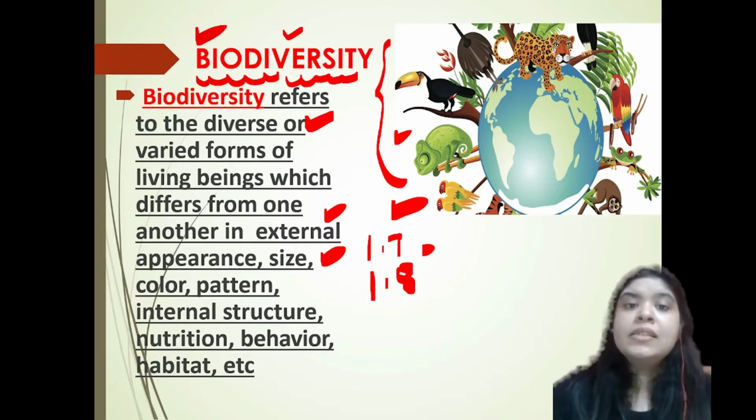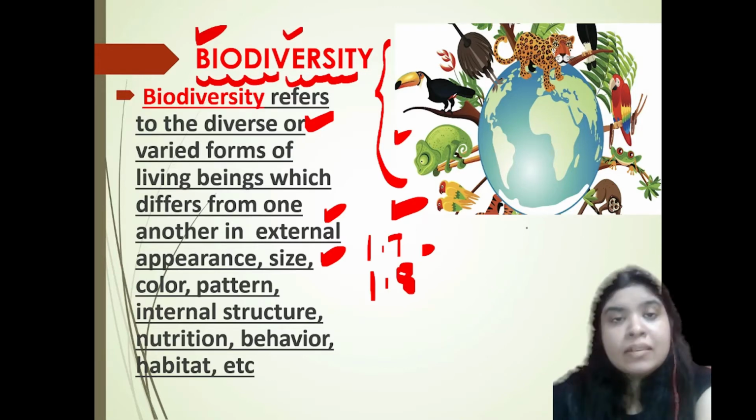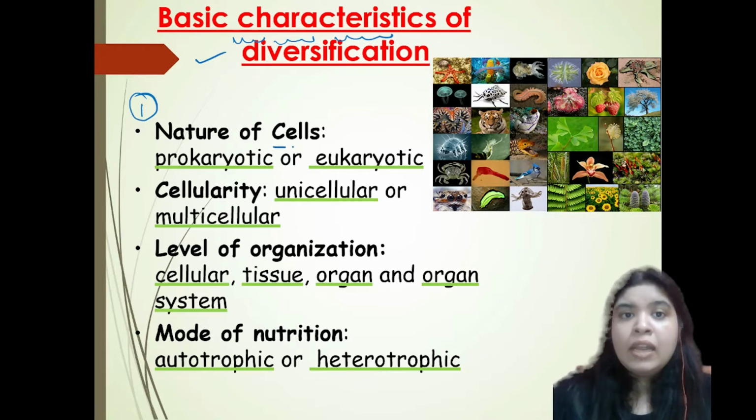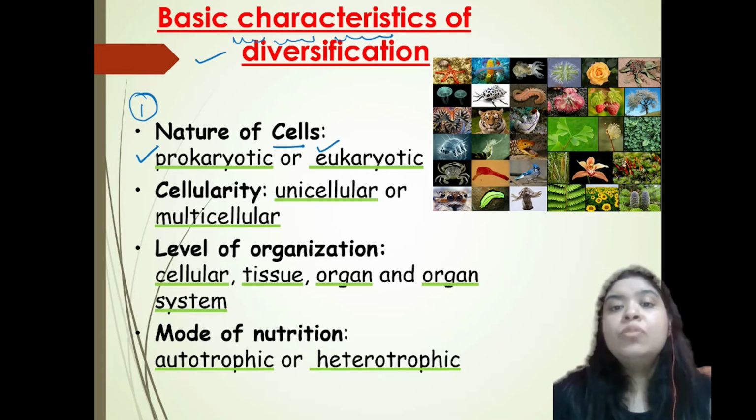So now let us discuss the various characteristic features on which these diversifications are based. The first and foremost is the nature of the cells. These living organisms can be either prokaryotic or eukaryotic.